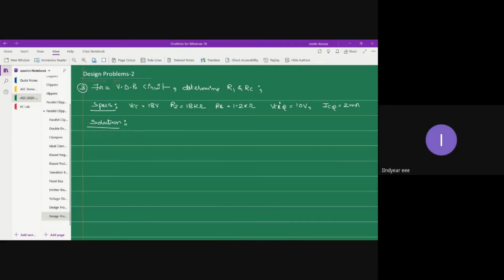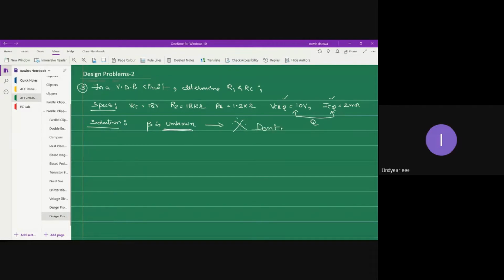So you have been given some resistance values, the power supply voltage value, and the Q point coordinates, right? So basically, this is your Q point. And remember one thing, beta is unknown here.